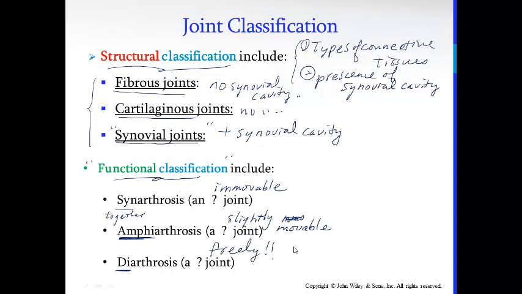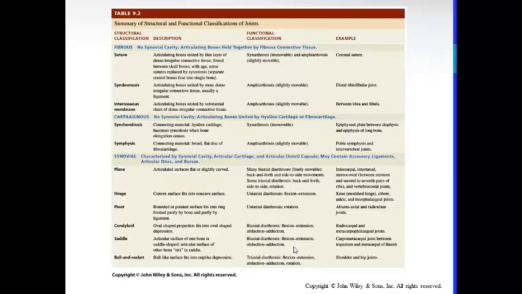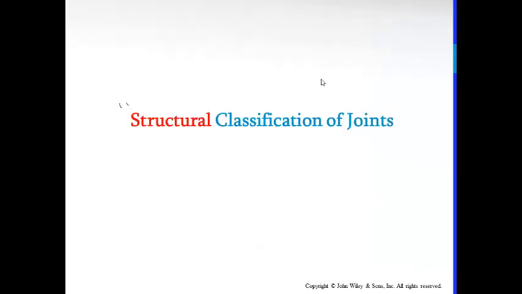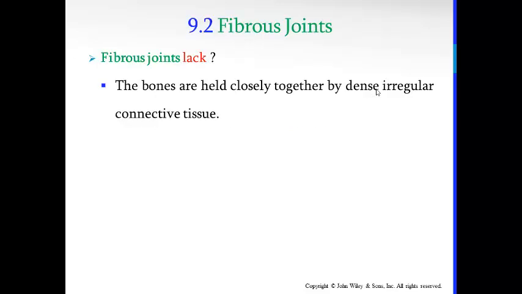So in the next table, you'll see a classification based on structure, for instance, the fibrous versus cartilaginous and the synovial ones. And so we'll take a look at each carefully. So first, let's take a look at the structural classification of joints based on the types of connective tissue involved, as well as if there's a space, the synovial cavity.